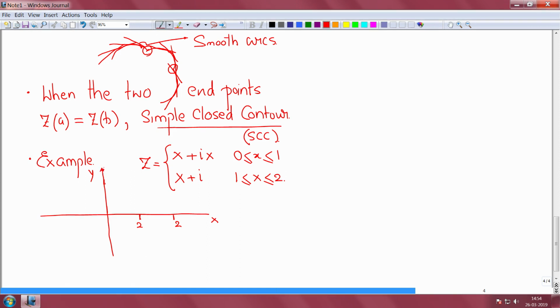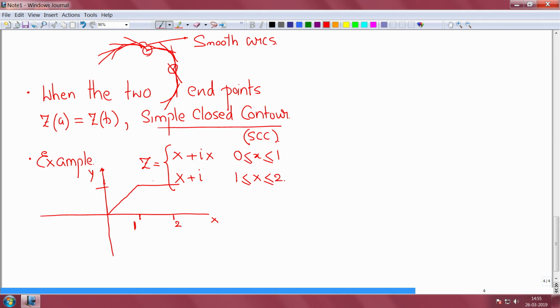It looks like x plus ix, so y is equal to x, and that happens for values of x between 0 and 1, and between 1 and 2 the imaginary part remains constant and we get this.